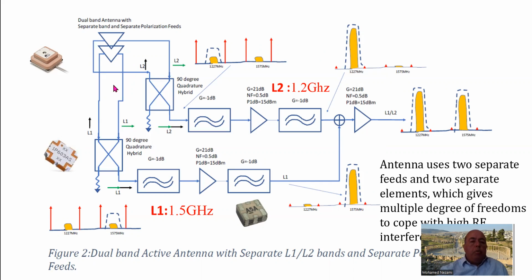I'm sorry, vice versa: this is the lower L band, and this is the upper L band, so we've got 1.2 gigahertz and 1.5. We combine the polarization, go through a filter, then amplify, then another filter, and then combine them using a Wilkinson surface mount integrated power divider, or power summer in this case. And then we amplify again.